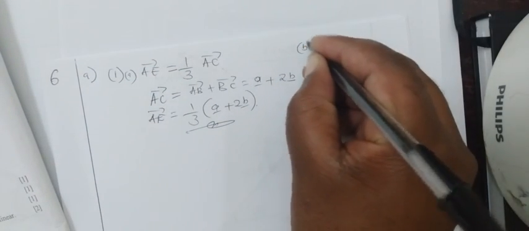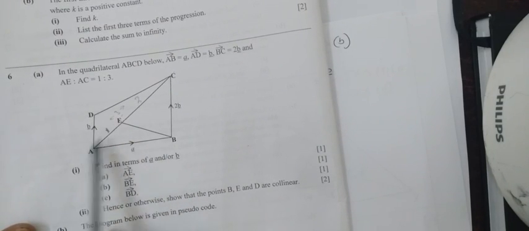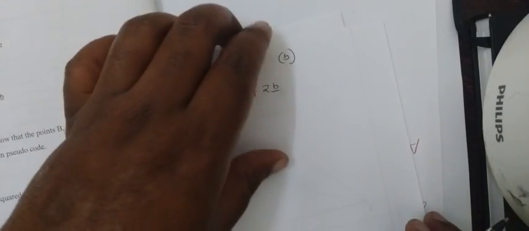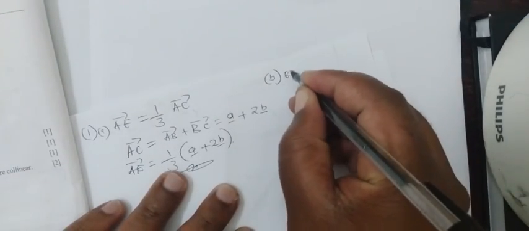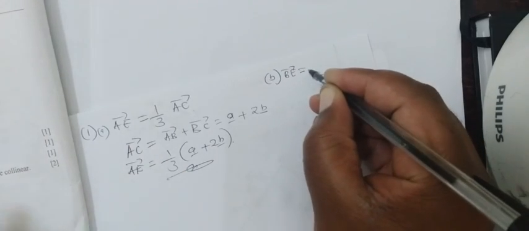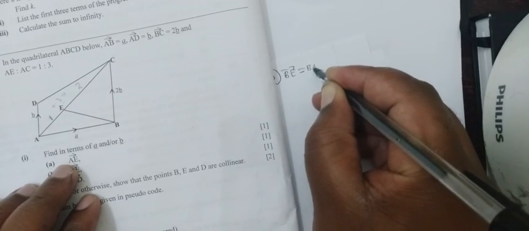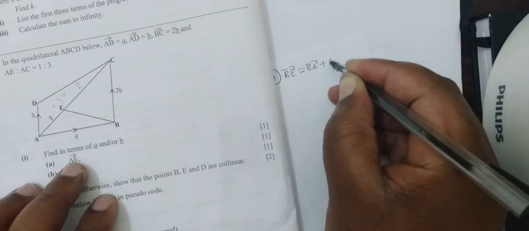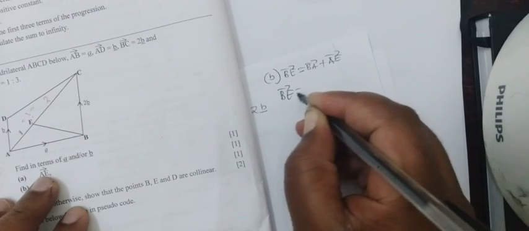What is B? Let's find the BE from B to E. So move from B to A to E. So we are going to move from B to A, B to A plus A to E. So BE is equal to, what is BA?